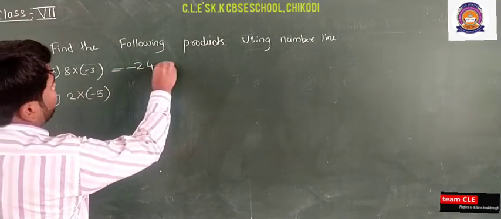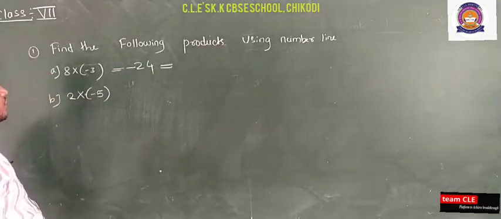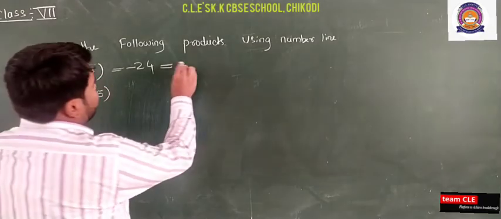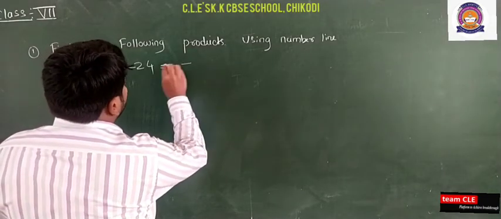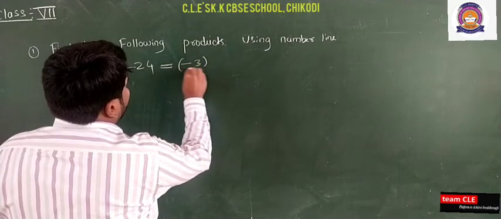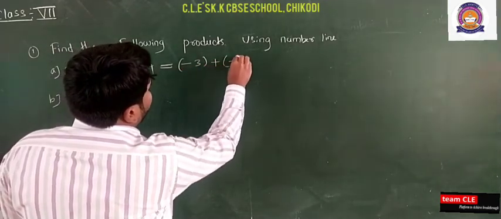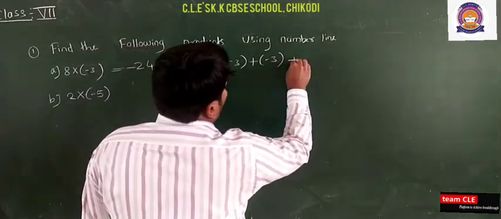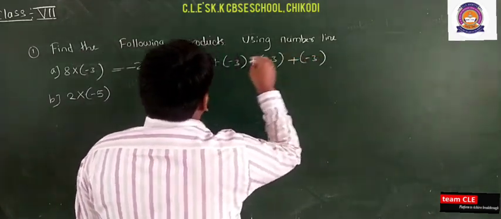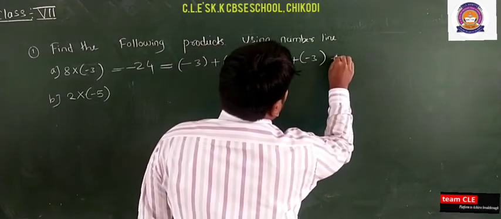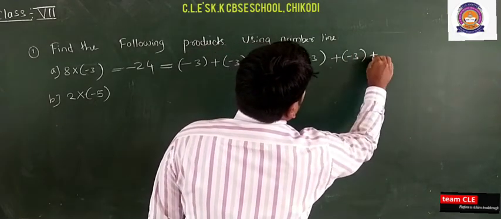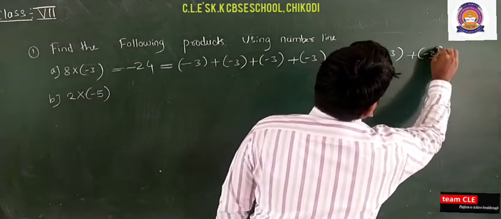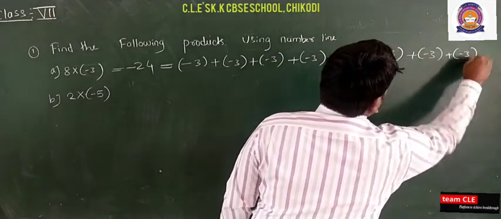It means you have to choose the numbers on a number line such that it should get minus 24 when we add them. So see here, I write minus 24 in the form of 8 times minus 3: minus 3 plus minus 3 plus minus 3, and so on.